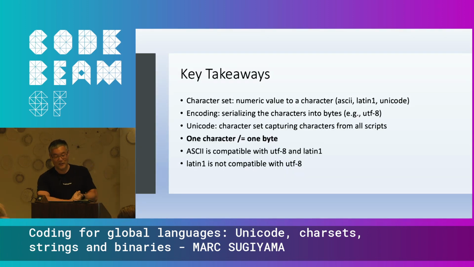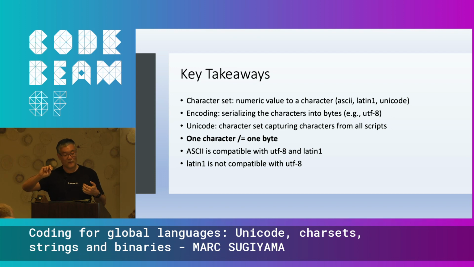Okay, so getting to the end here. Key takeaways. A character set is some numeric value that's associated with a symbol. So that's what ASCII and Latin 1 and Unicode are doing. They're mapping a number to a symbol. When we talk about encoding, what we're talking about is how we take those numeric values and turn them into a byte stream.